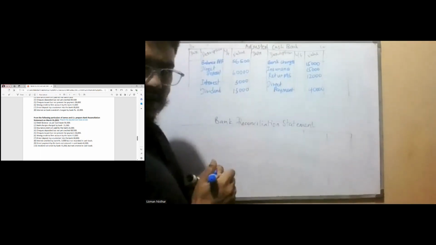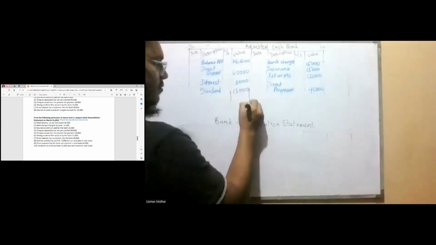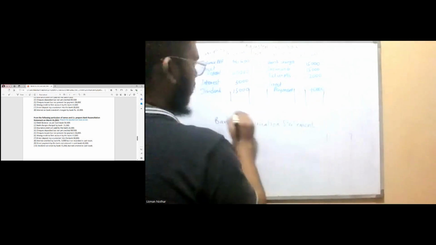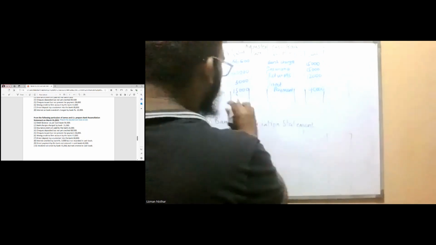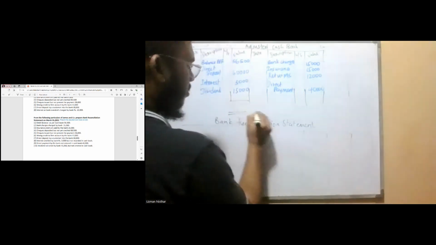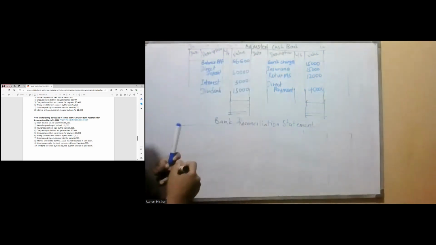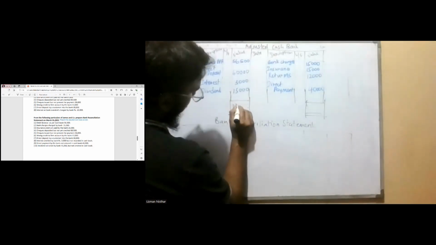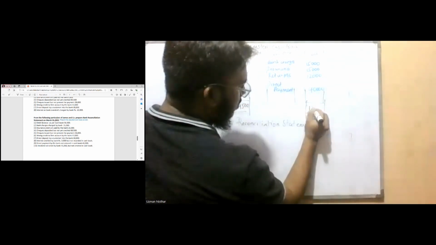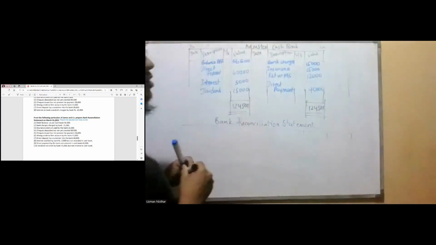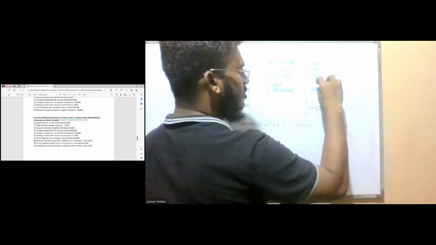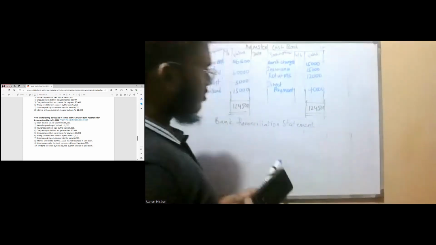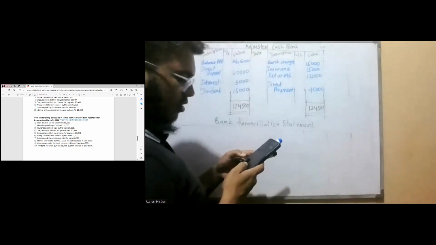Now what we should do is balance the adjusted cash account. 110, 115, 118, 124,500. 24,500. So it's 30, 70, 82. 82 means 6,500.